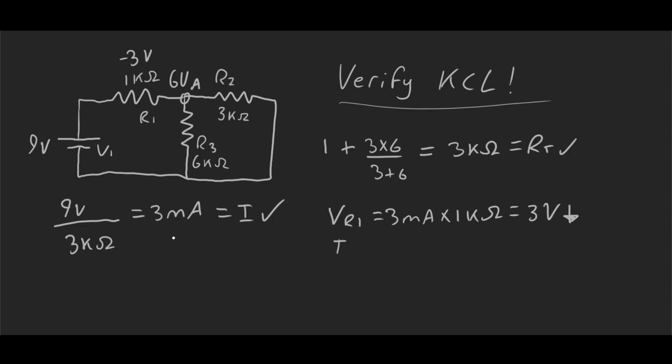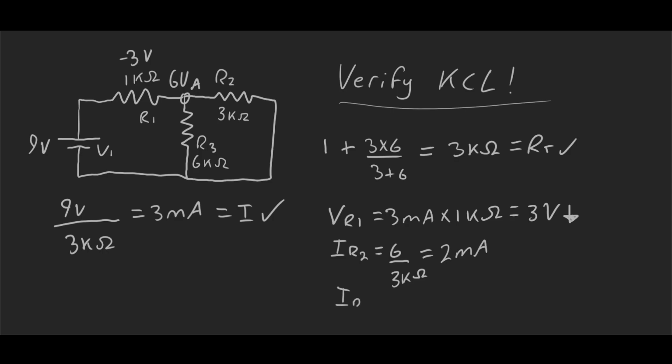So this is important because when we find the current that flows across R2 and R3, you will see that it sums up to 3 milliamps when we account for the voltage drop, I should say. So 6 over 3 kilo ohms will give you 2 milliamps.